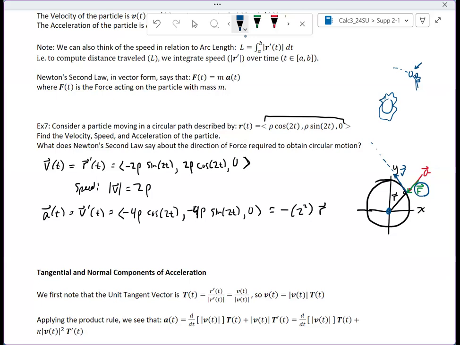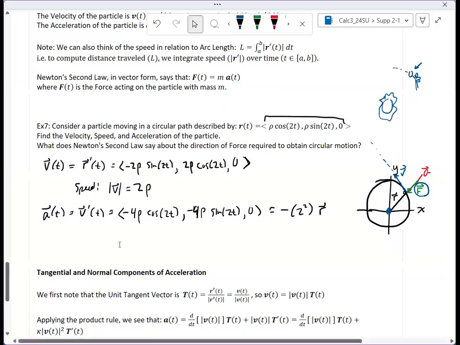As I swing it around, the cord is being pulled in the direction of the ball from my hand, perpendicular to the direction the ball is moving. And if I were to cut that cord, the ball would move in the direction that it's instantaneously moving at that point. But I think it's often surprising that to maintain a circular orbit, we need to pull towards the middle of the circle, not tangentially along the circle.